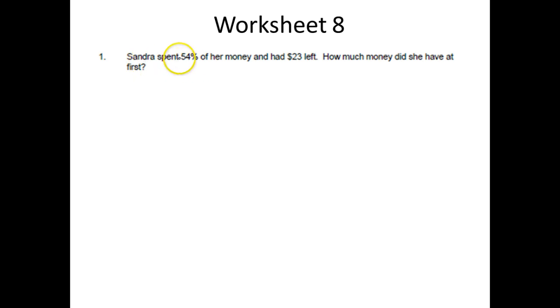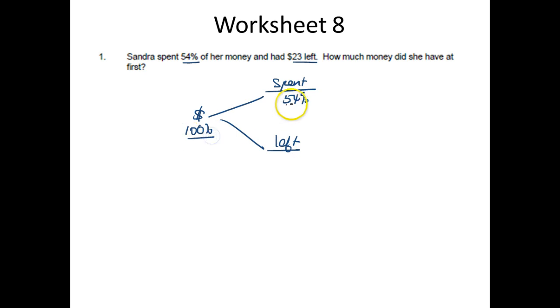Worksheet 8, question 1. Sandra spent 54% of her money and had $23 left. So this is her money, which is 100%. She spent 54%. She has left 100 minus 54, which is 46%. 46% is $23 left.